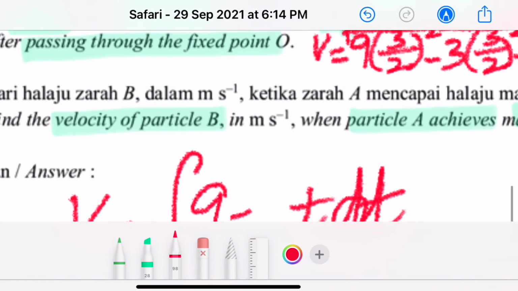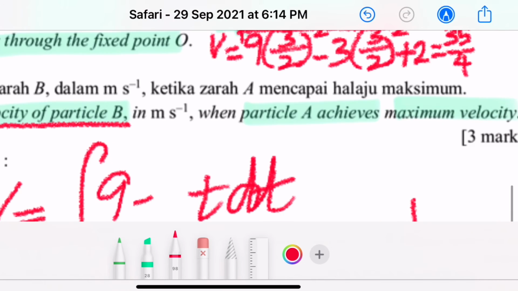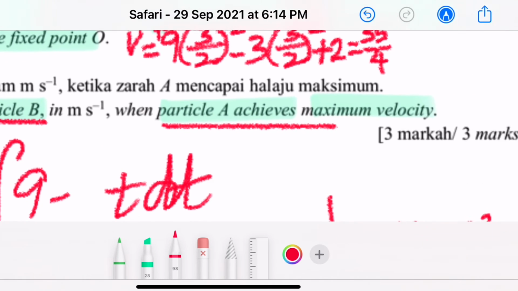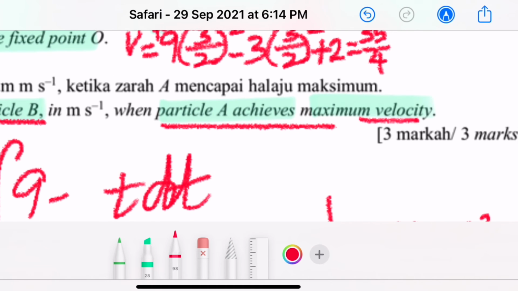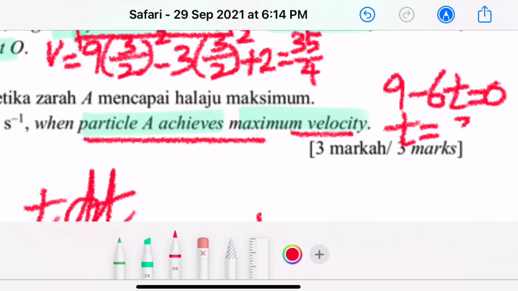But here, find the velocity of particle B when particle A achieves maximum velocity. Just now we let the acceleration be 0 and t is 3/2. So we are going to use t equal to 3/2.